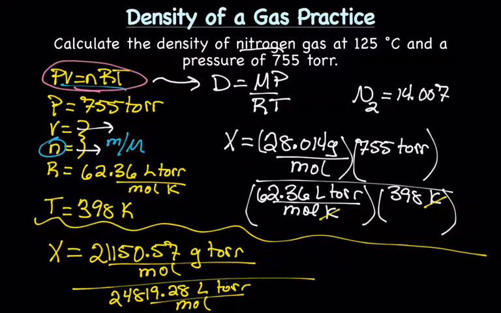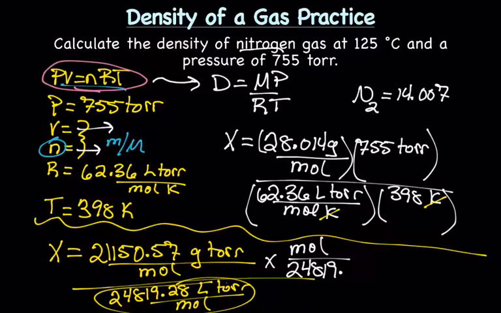All right, so now how do we deal with a fraction over a fraction? Well, if you remember, you can take the reciprocal of the bottom one and multiply. So I'm going to multiply times mole over 2481.928 liters torr. So this stuff's now gone. And mole cross out. And torr cross out. So now we multiply and divide.